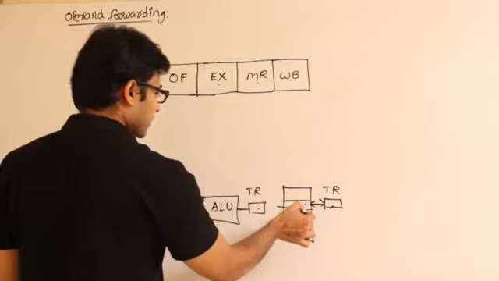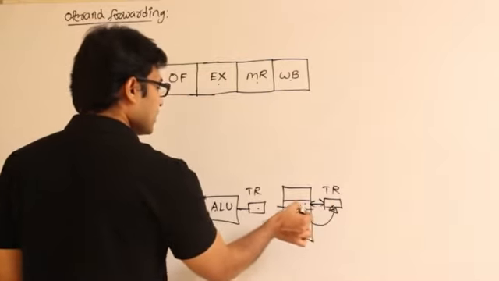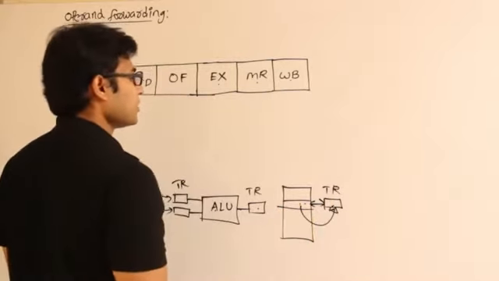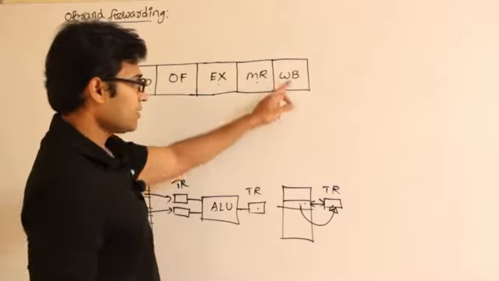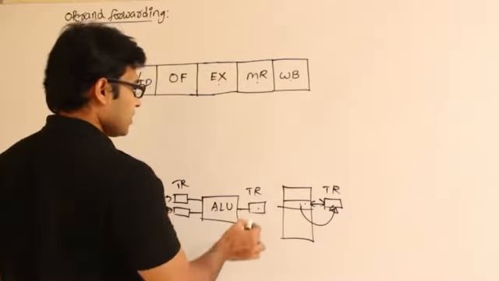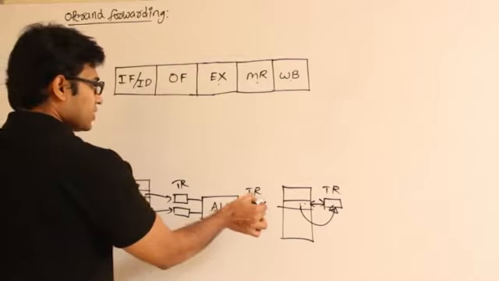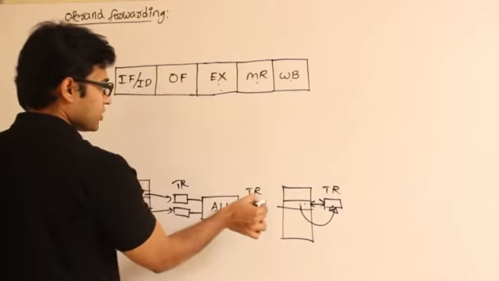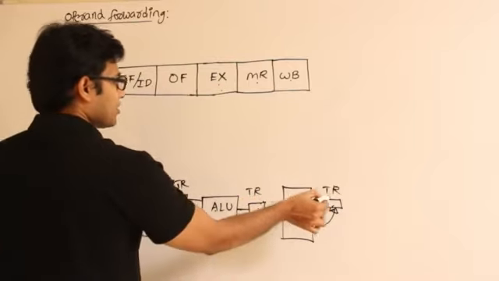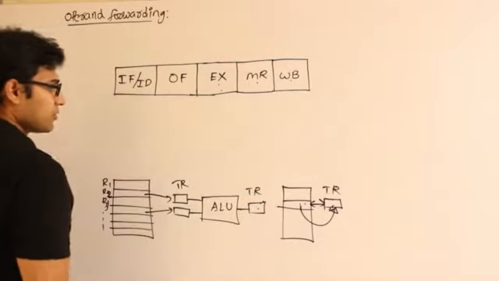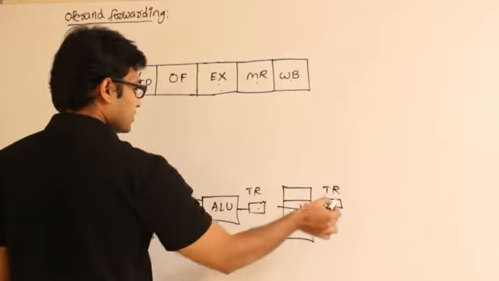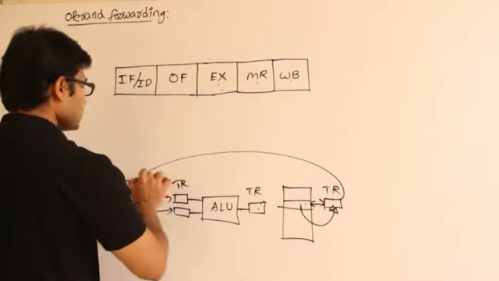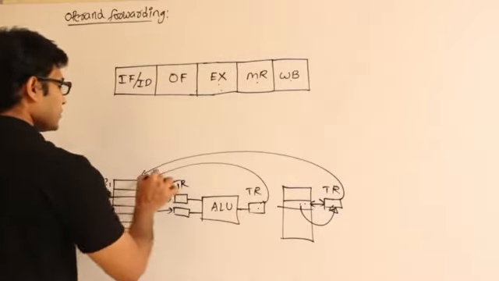Let us assume that we are trying to read, so something will be read into this temporary register. Write back is the phase where whatever is executed during execution, or read during the memory phase into the temporary register, will be stored back into these registers.